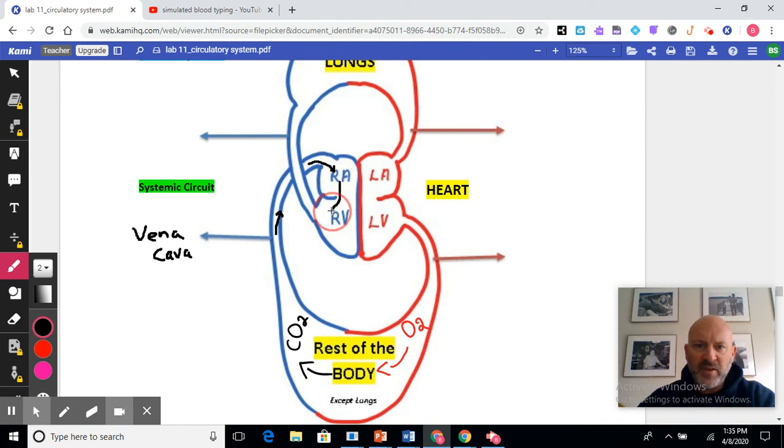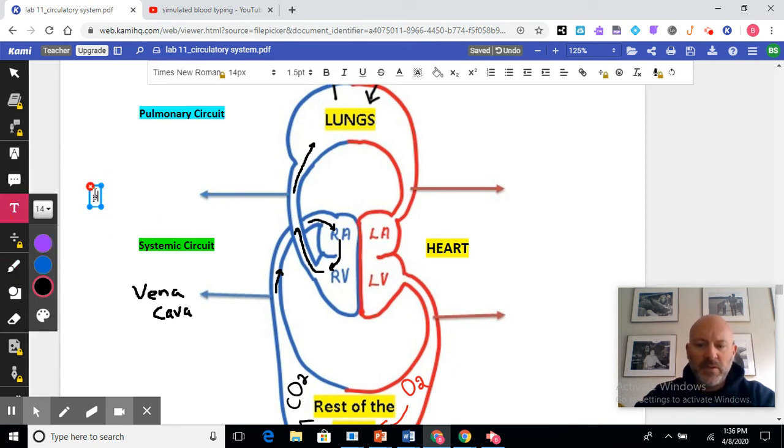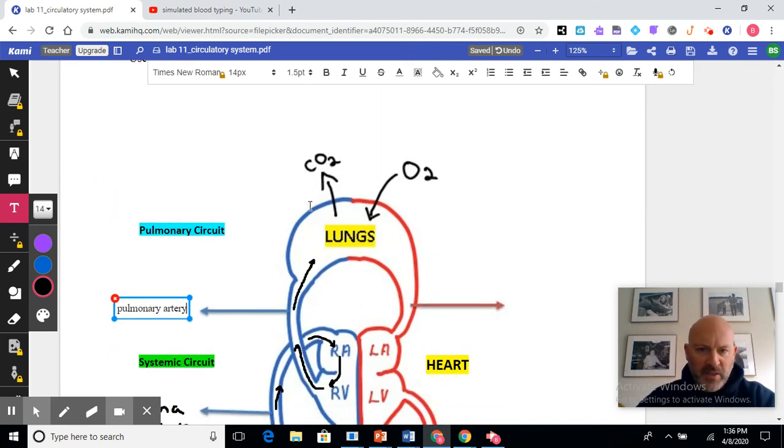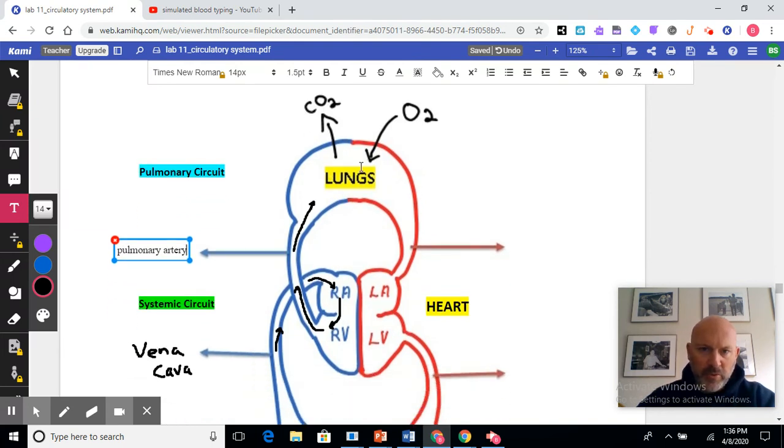This is deoxygenated blood, so the right ventricle is going to accept that blood and send it to the lungs. And of course, what is this blood vessel going to be? This is the pulmonary artery. A for away from the heart, A for artery. It's in the lungs that we have gases being exchanged. So the blood will lose carbon dioxide, but it'll gain oxygen.